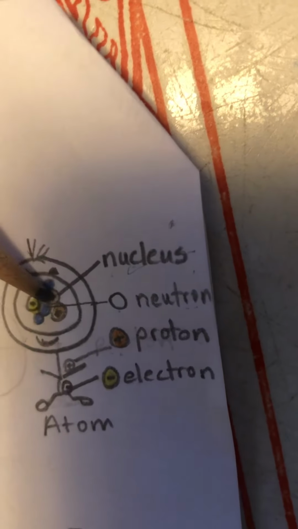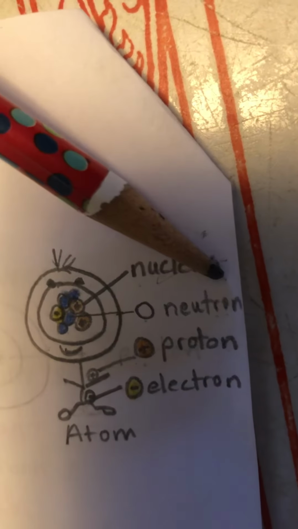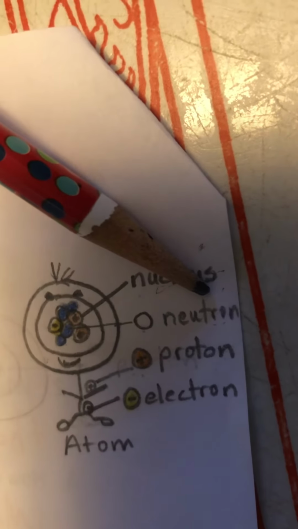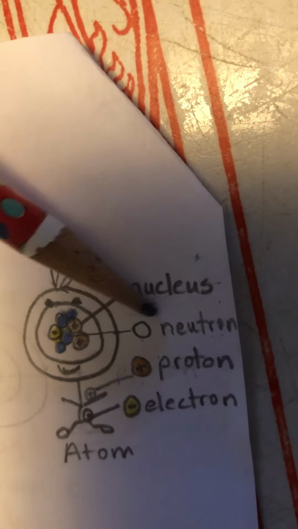We got the nucleus up here in his brain. Neutron is neutral, proton is positive, and the electron is negative. Thank you, Adam.